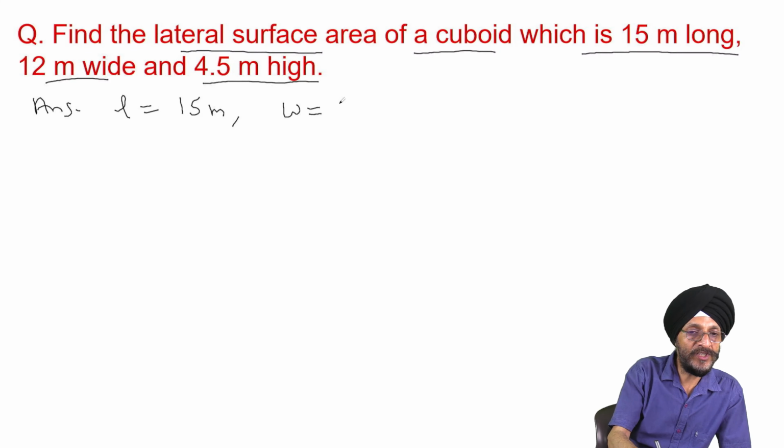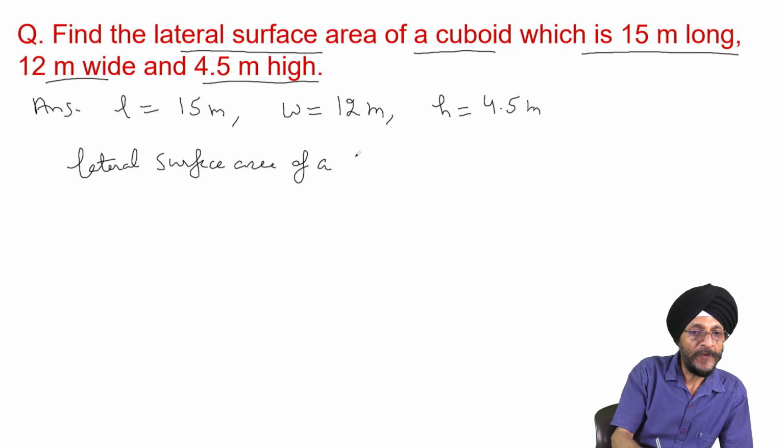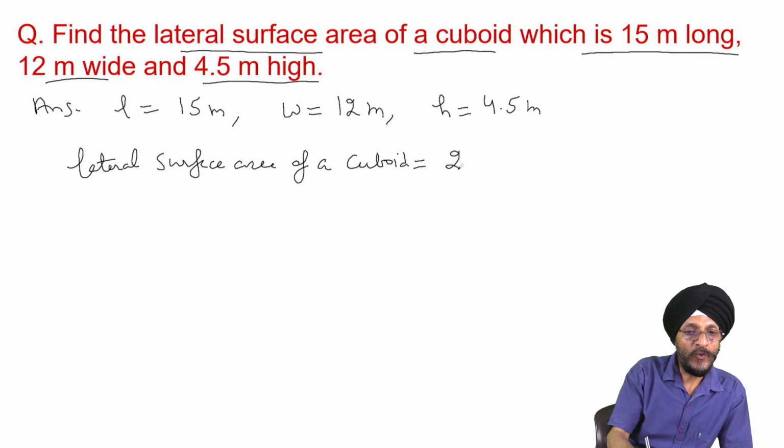Width given in the question is 12 meter, and the height is 4.5 meter. Now what is the formula of lateral surface area of a cuboid? It is 2H multiplied by L plus W.